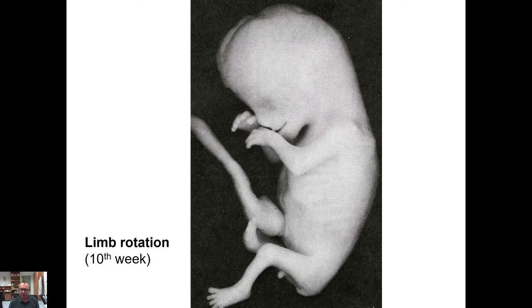Upper limbs will rotate by 90 degrees laterally, which means thumbs will then be at the lateral side in the basic anatomical position, and on the other hand lower limbs, feet, will rotate in the opposite direction 90 degrees medially, and so the big toe is situated at the medial side of the foot.